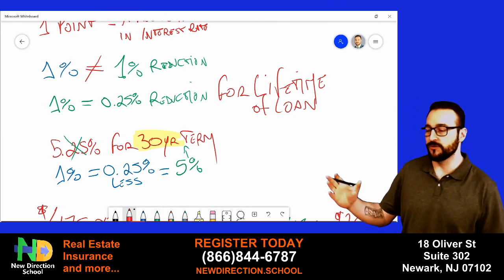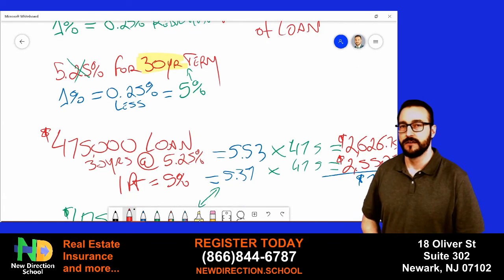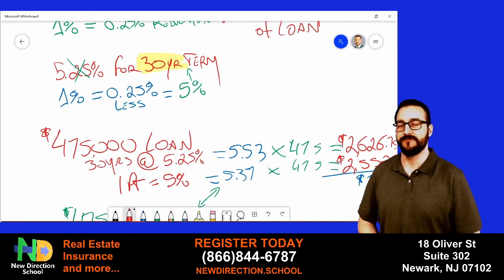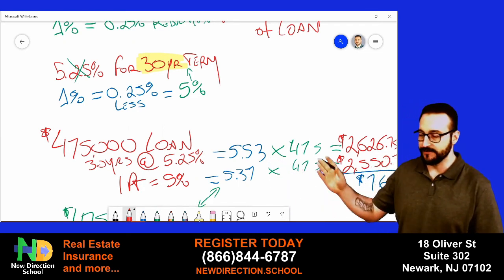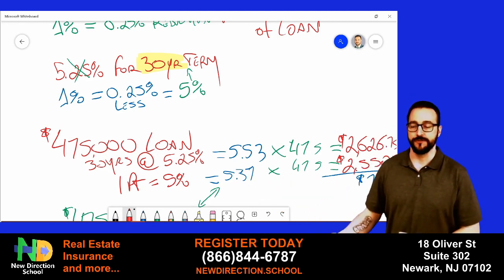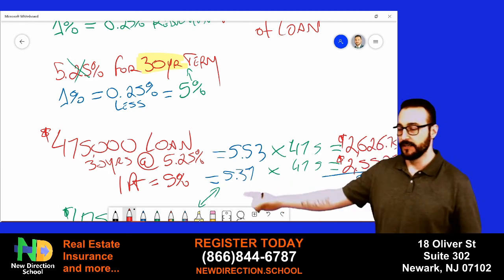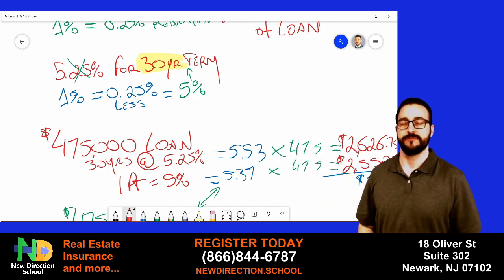And then I went on to an example. Let's say you borrowed $475,000, okay? And it's for 30 years. And you have 5.25% as the interest rate that they were charging you. But they gave you an opportunity to pay 1%, and instead of 5.25%, you pay 5. All right?